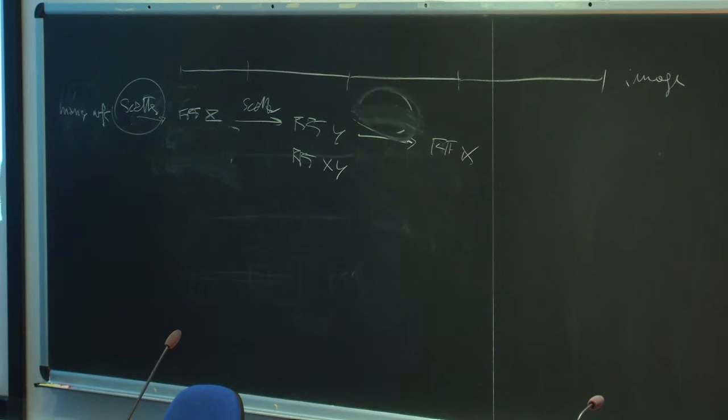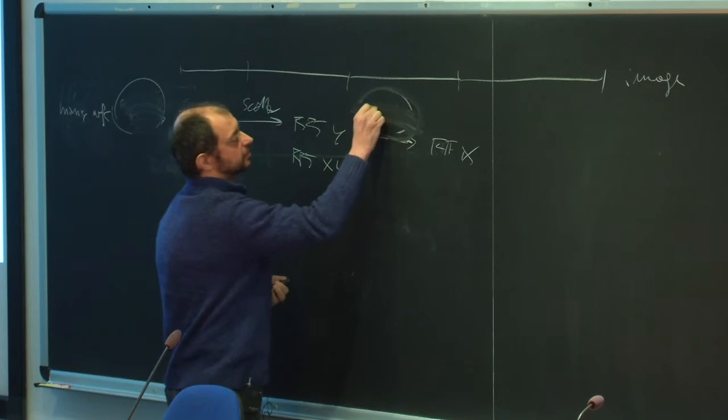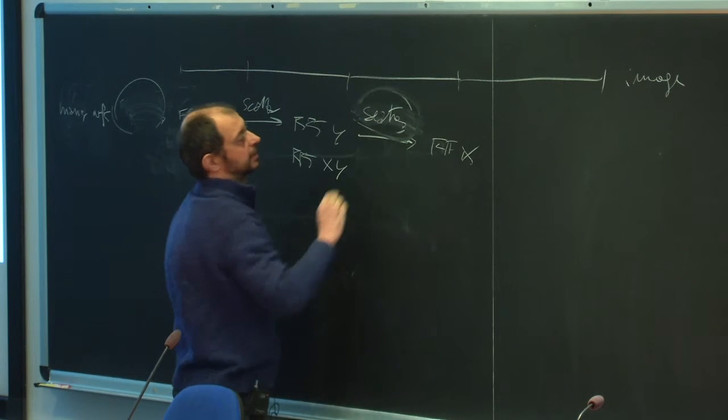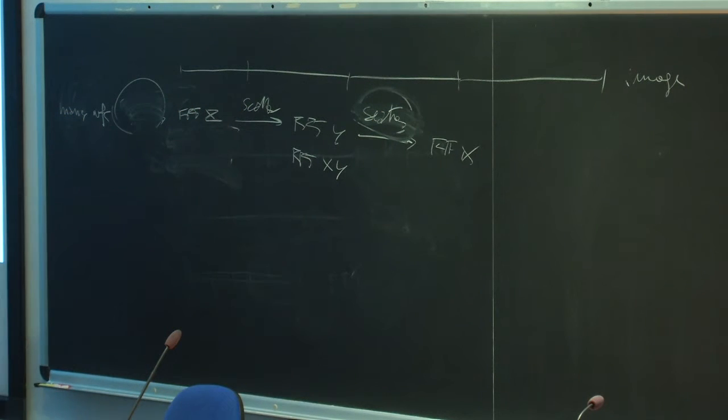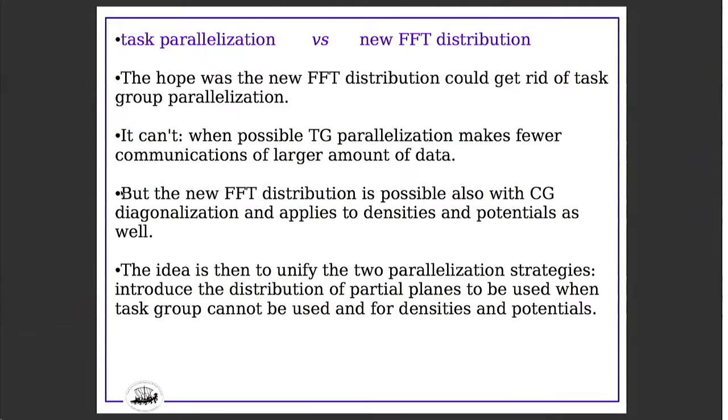If you only have one wave function, or you only deal with the density or whatever, then you don't have these things, but you distribute the data in such a way that partial planes are distributed. This is the idea.